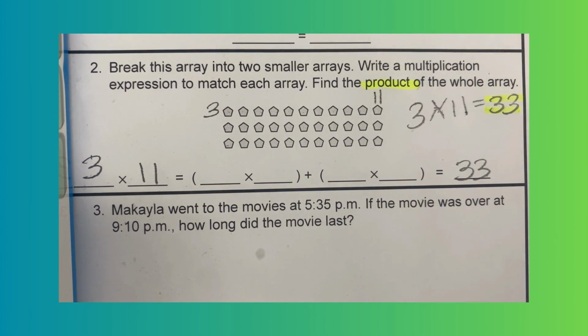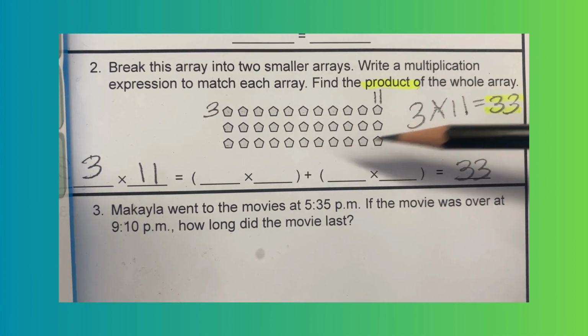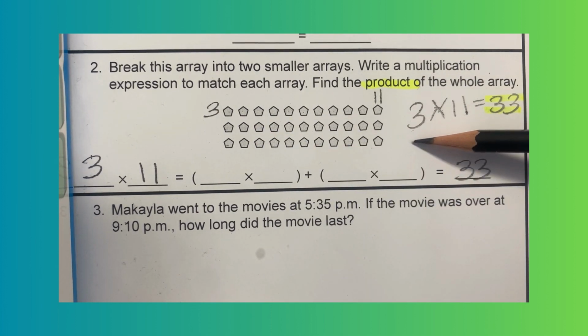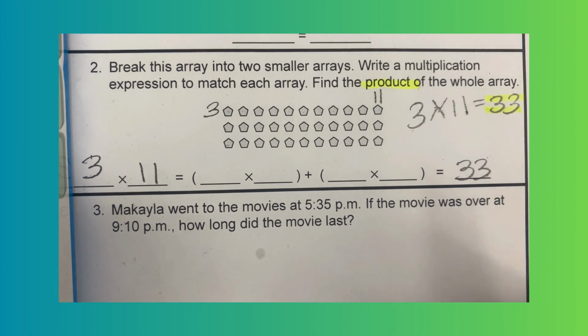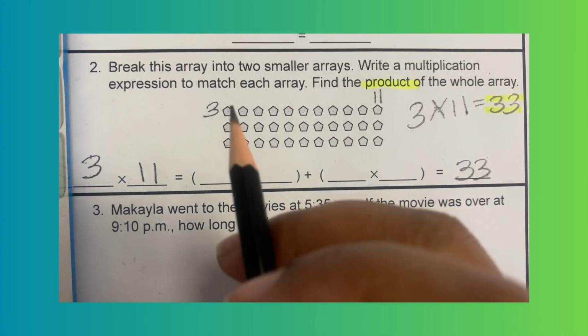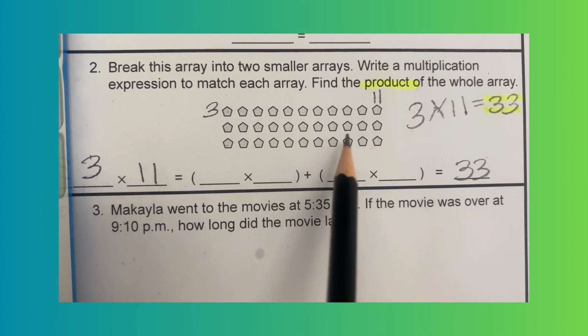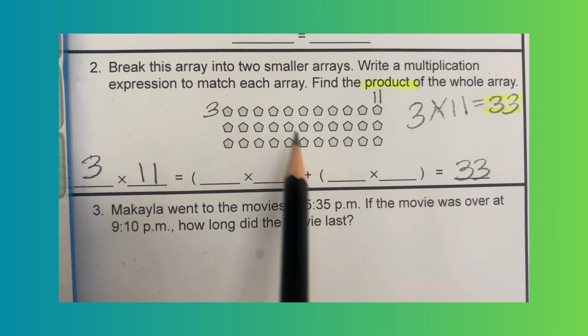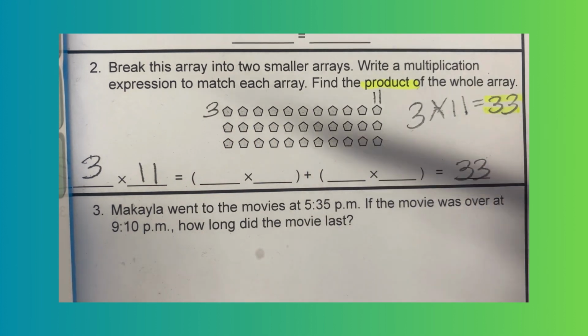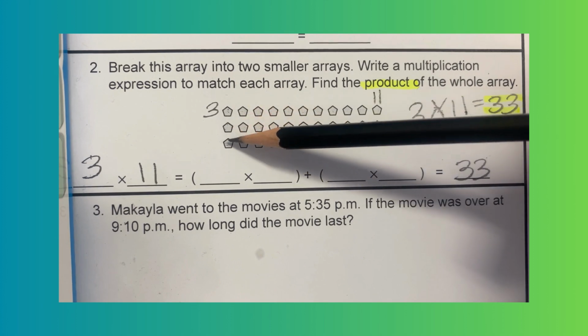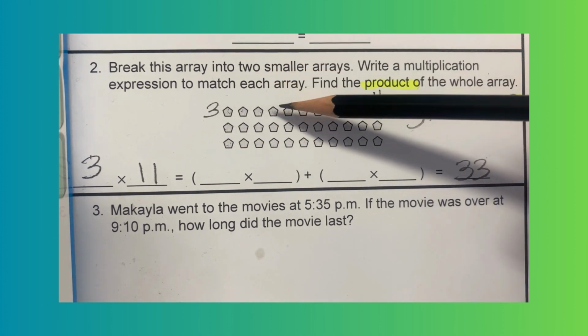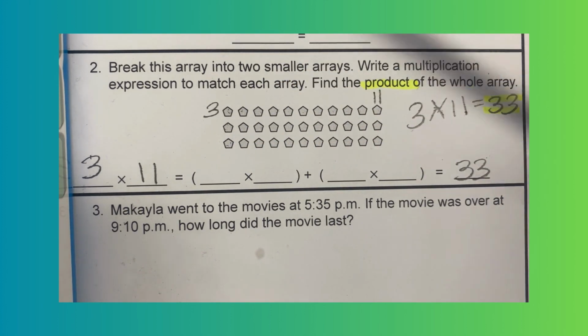So we know that our 2 smaller multiplication problems need to equal our whole product, which is 33. So to break this array down, we could just break it down with a natural break. I suggest using your 3 rows and your columns to break it down into smaller chunks.